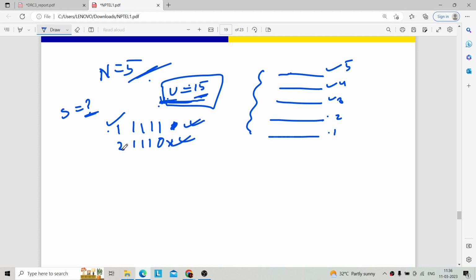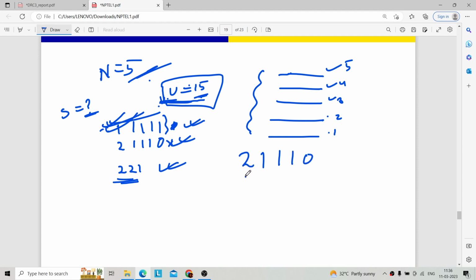How many will you get? Two, one, and you can do two, two, one. This configuration you can explore. Let's explore the configuration two, one, one, one, zero. How many ways can I arrange it?